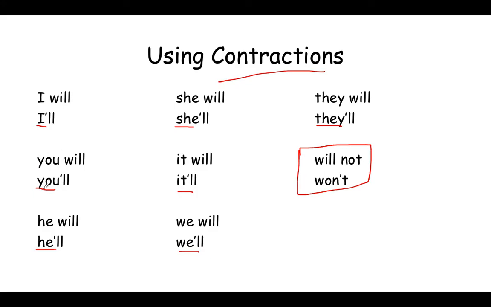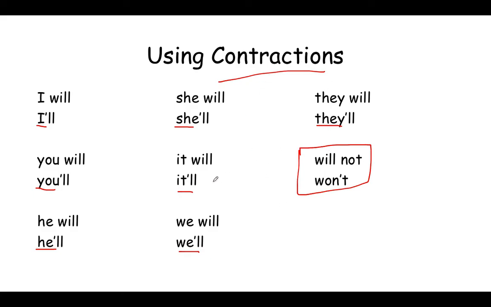So the beginning part of this contraction is you'll. He will is he'll. So you're saying he and putting an ul at the end. He'll, she'll, it'll, we'll, they'll. So that's how you pronounce those in English.